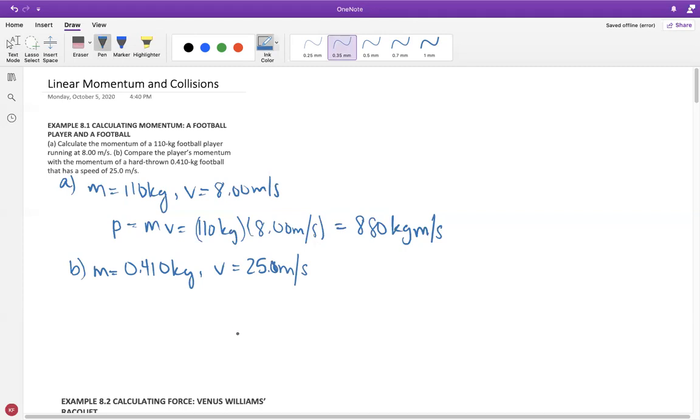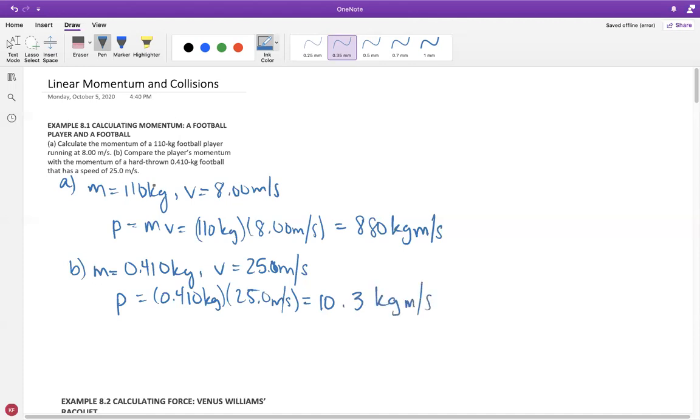Okay, so we have 0.41 kilograms times our velocity, and that is going to be 0.41 times 25. We get 10.3 kilograms meters per second.